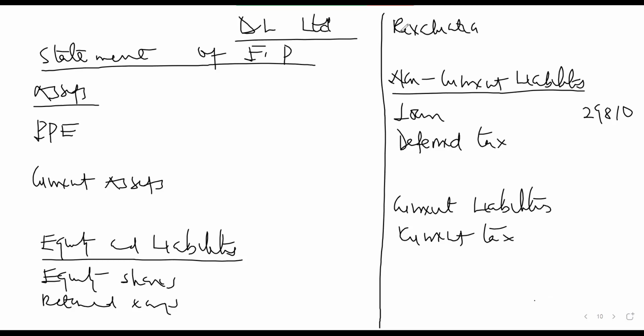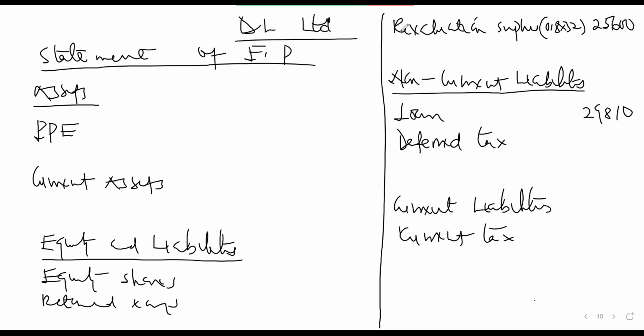It will be the net of the tax. The meaning is that if you are paying tax of 6,400 on this figure, what will be the remaining amount? You can do 0.8 times the 32,000. What are we having? 25,600. So your revaluation surplus will be 25,600.